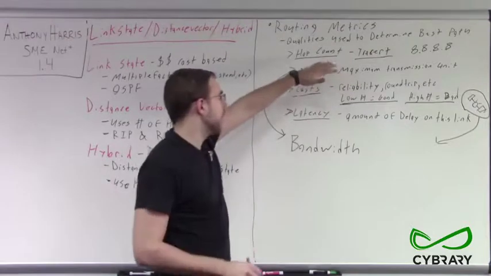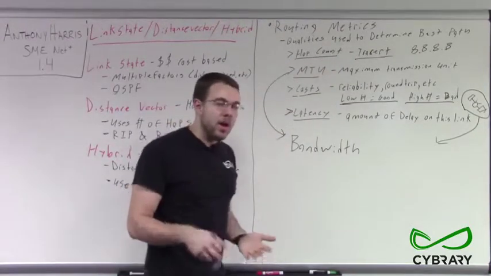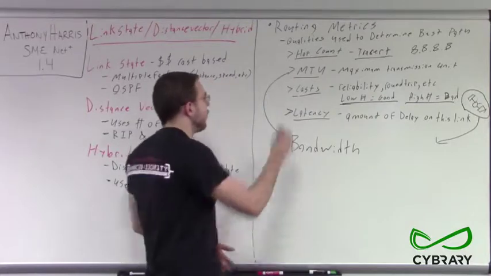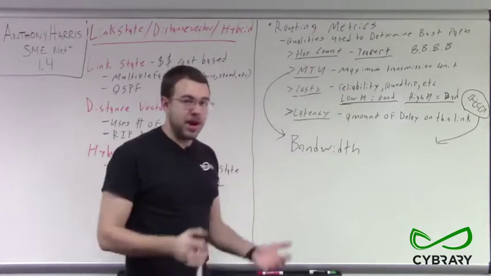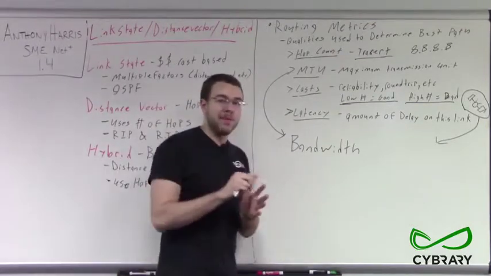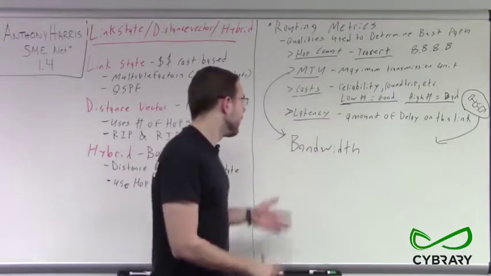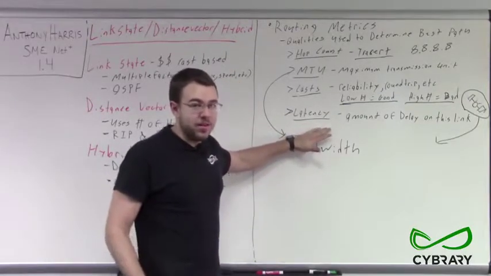So there may be a lot of these costs or a lot of these metrics which look better in the case of satellites. We may have a lower hop count. We may have a higher MTU. We may have a higher maximum transmission unit. We may have a higher bandwidth. We may have more data that we can send at once. But our latency is what's really going to kill us.